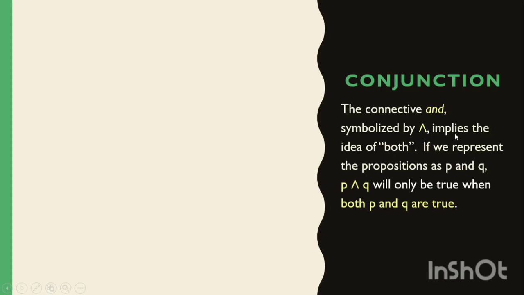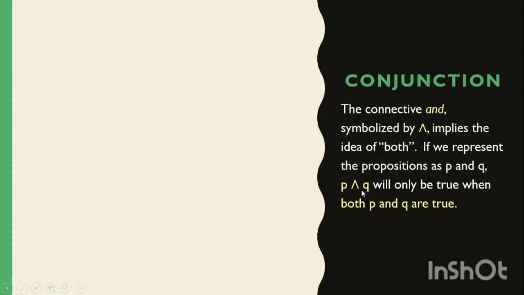So this implies the idea of both, meaning two statements are connected or it is both correct. If we represent the propositions as P and Q, the first proposition is P and the second proposition is Q, so a conjunction will be represented by this symbol.